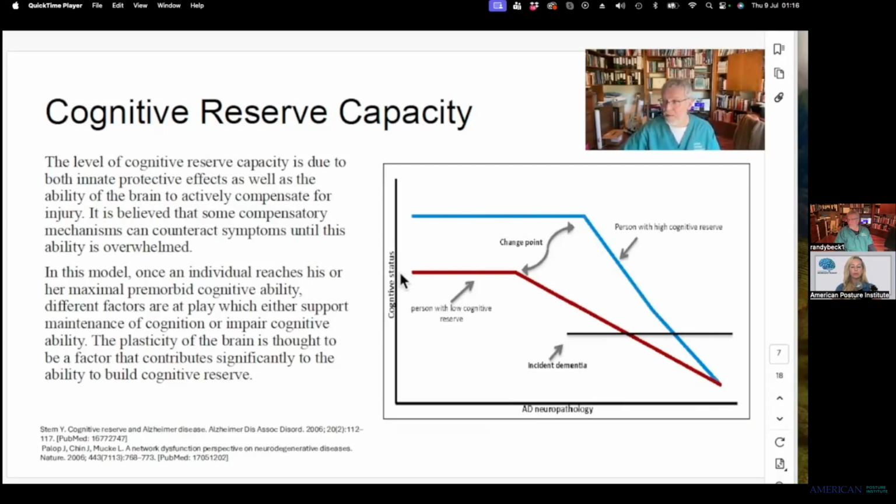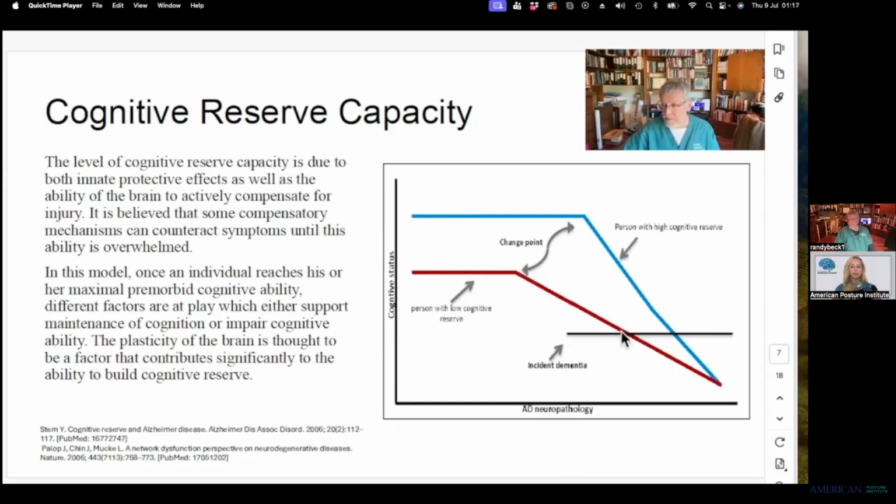Now, the red line is indicating someone who has a lower cognitive reserve. So the blue line here is a higher cognitive reserve. So you'll see that fighting this Alzheimer's pathology, they can last longer over time than someone with a lower cognitive capacity or cognitive reserve.